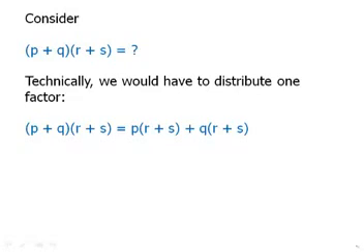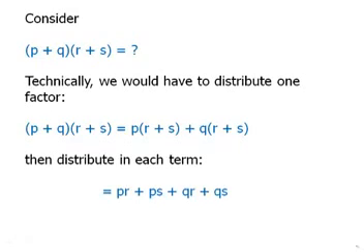And so we get p times that factor plus q times that factor. And then once we get to that point, we'd have to distribute in each one of those terms. Distribute the p in the first term, distribute the q in the second term. And so that is technically what we would have to do to distribute.